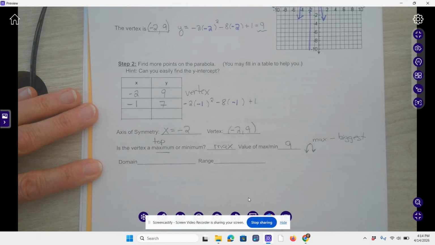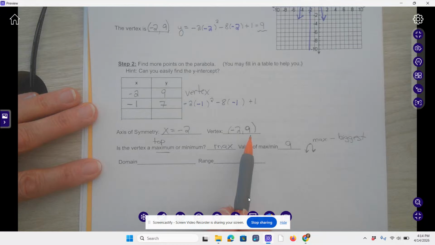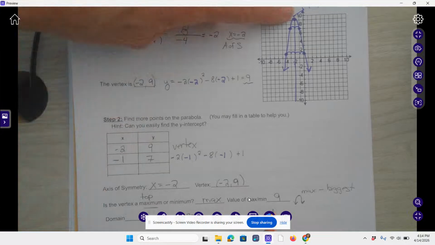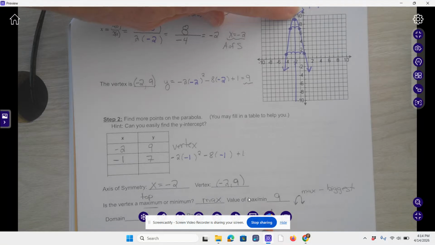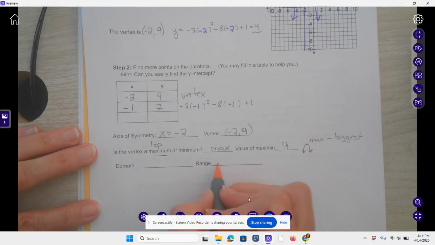9. Remember, the vertex is the turning point. That will always be either your max or your min. And when we're describing where the top or the bottom of a parabola is, we want to use y values. This is also going to help us with our range. So I'm going to do our range right now. Y and 9. These will always be the same.